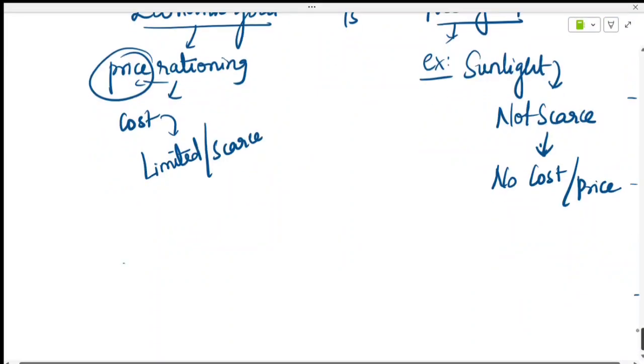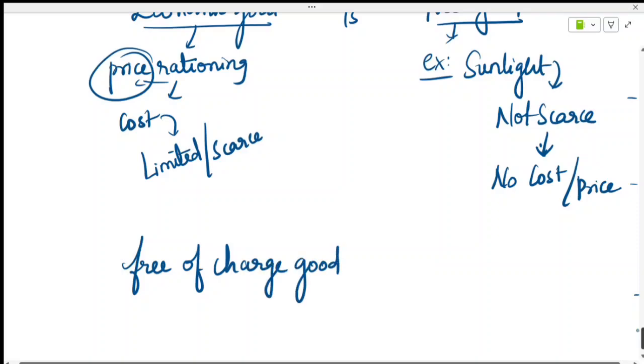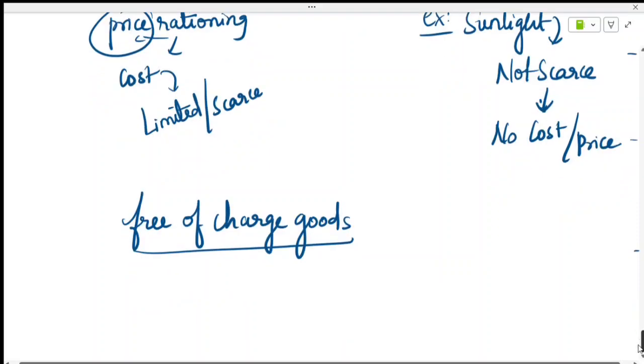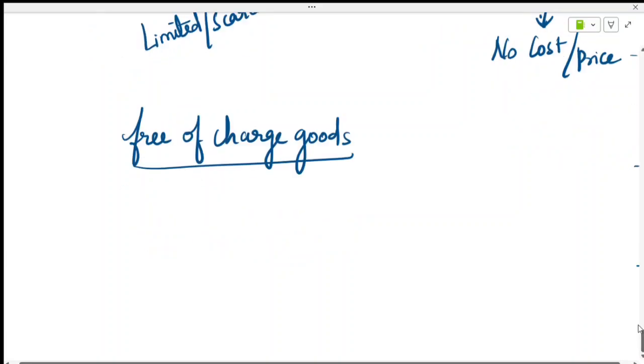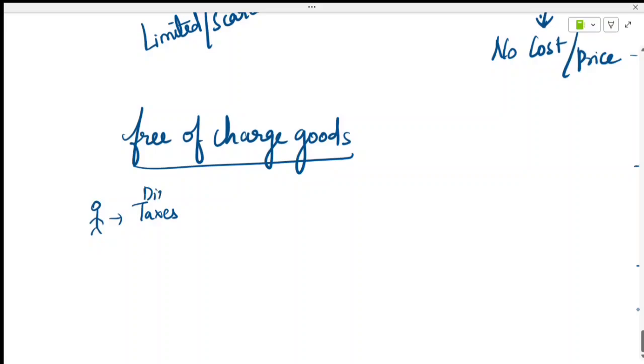Then there is something called free of charge goods. Fine. So free of charge goods. Here what happens is everyone will be paying taxes, right? So you are paying direct taxes to the government on your salary.